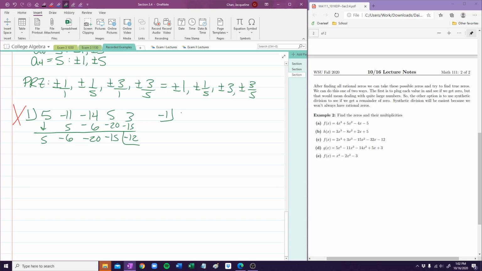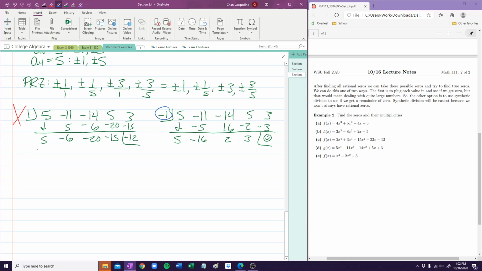When I do that, let me rewrite the coefficients. So this is 5, negative 16, 16, 2, negative 2, 3, negative 3, and yay, we get 0. So what does this mean? This means that negative 1 is a 0 to our polynomial.